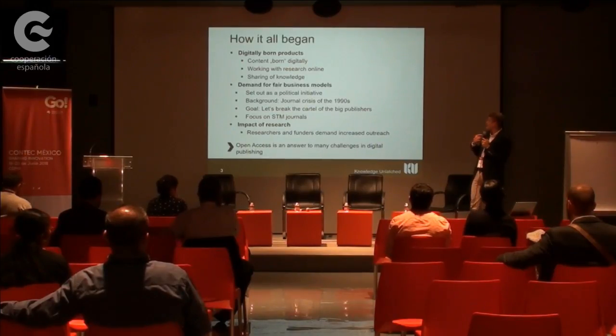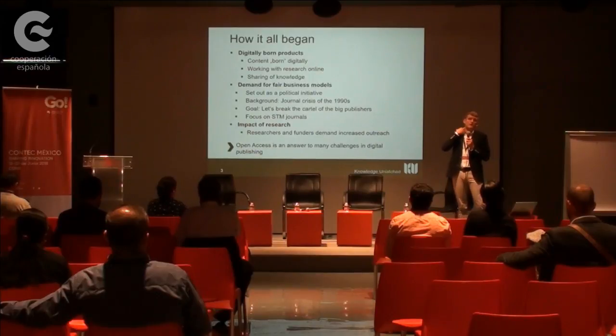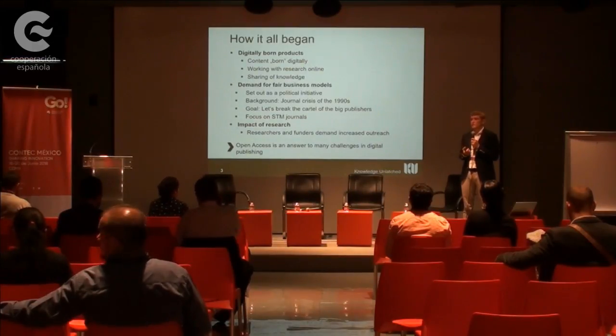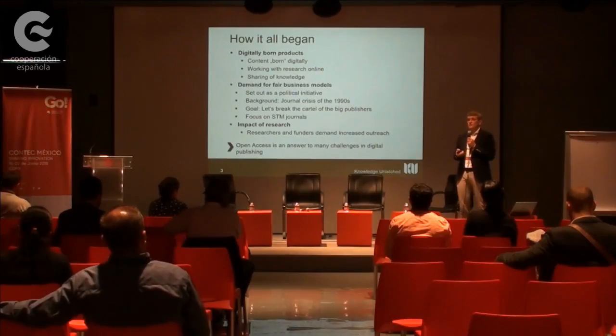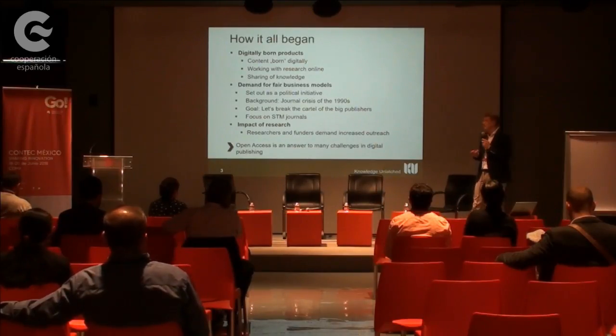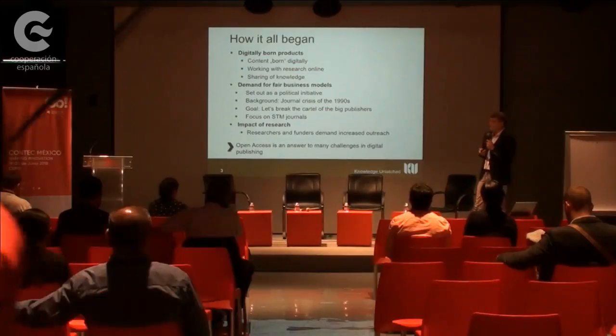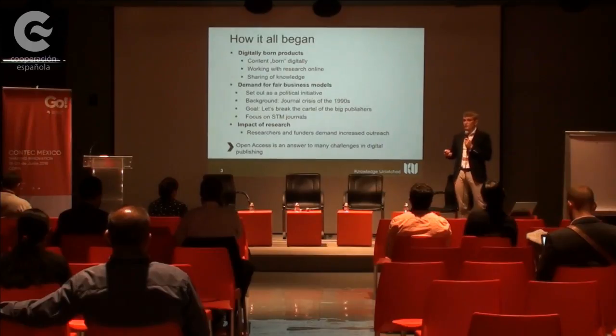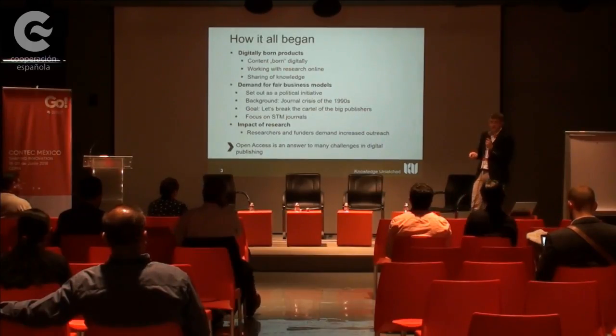So you had it as somewhat of a political initiative back in the days, I would say, when the journal crisis came up in the 1990s, where a lot of journals and, especially, the libraries were very unhappy with the amount of money they had to pay for subscriptions, etc. So it was more or less set out to find a new form of sharing knowledge and not being dependent on the big publishing houses. Sven also told you a little bit about that earlier.